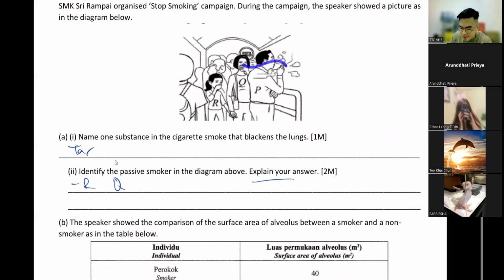Because they inhale secondhand smoke. Okay, menyedut asap rokok. Yes, they inhale secondhand smoke. All right, that's what makes you a secondhand smoker.